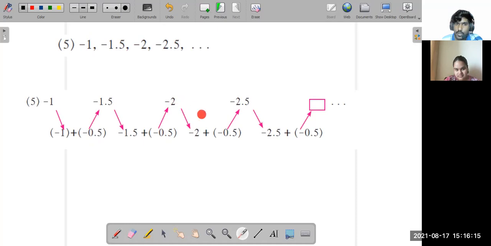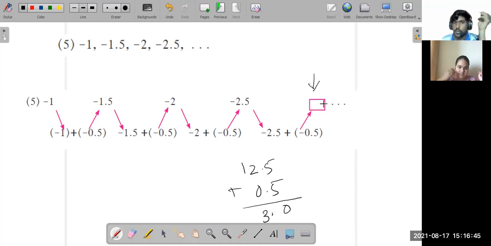From minus 2, you subtract 0.5, you get minus 2.5. The same thing: from minus 2.5, you're subtracting 0.5, or basically adding 0.5. Can you tell me what will become here? Add 2.5 plus 0.5: 5 plus 5 is 0, carry 1, 2 plus 1 is 3. So it becomes 3.0, which means 3.